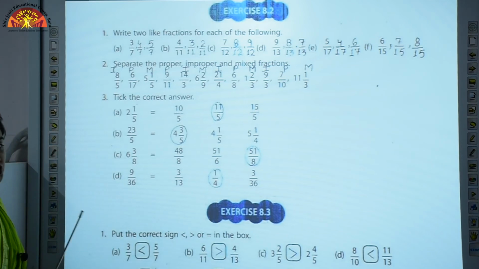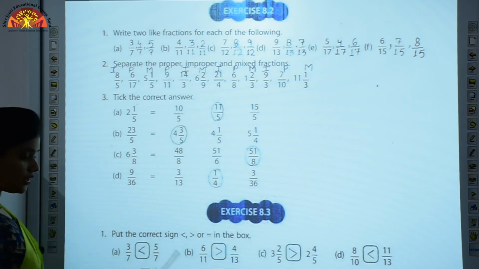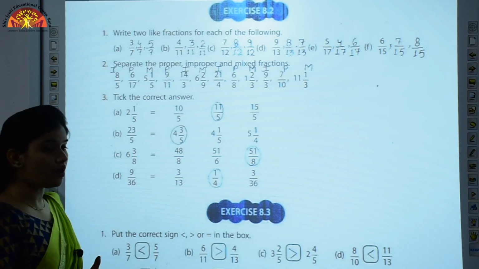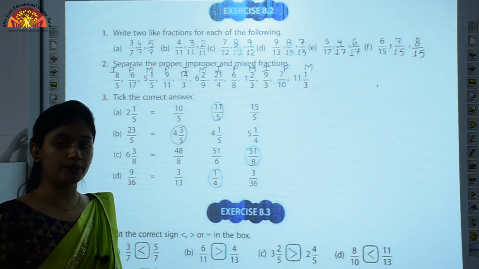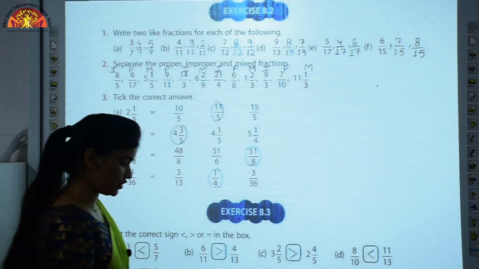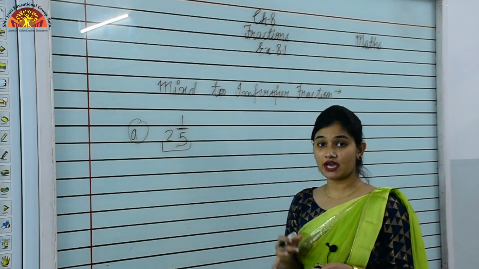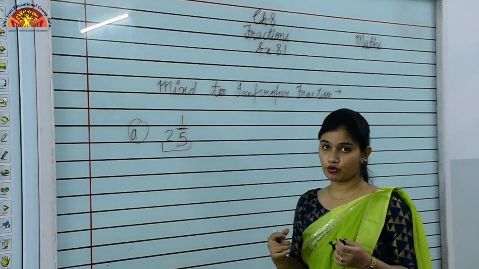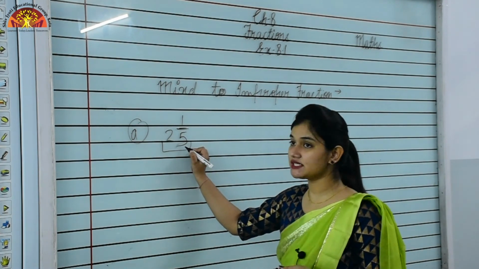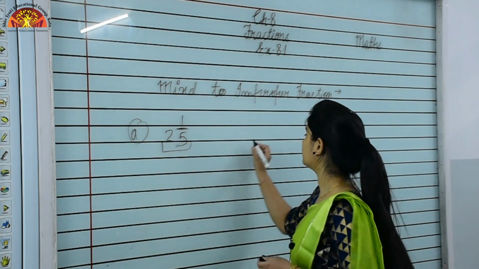Now the next question is question number 3. Tick the correct answer. Now students, for this question we have to see how we can convert improper to mixed fraction and mixed fraction to improper fraction. So just look here. This is a mixed fraction and we are converting it to an improper fraction. What we have to do students, you have to observe this 5, this is the denominator, and you have to observe this whole number.